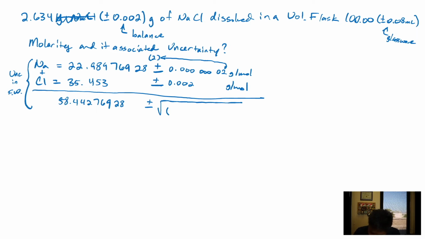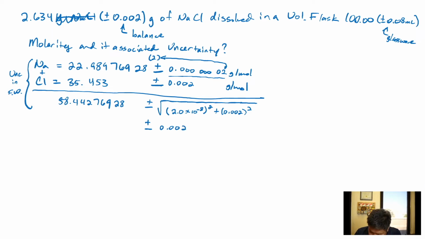I usually turn numbers that are this big into scientific notation, but if you don't want to do that, you don't have to. 2.0 times 10 to the negative 8, squared, plus the other one, which is 0.002 squared. Okay, and so the number you should get from that is 0.002 grams per mole.